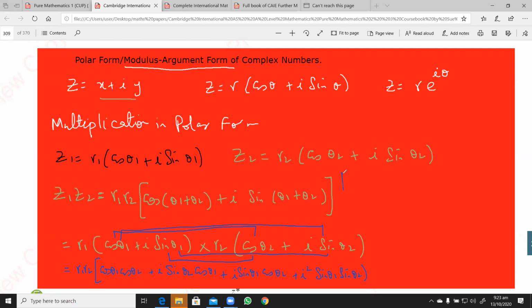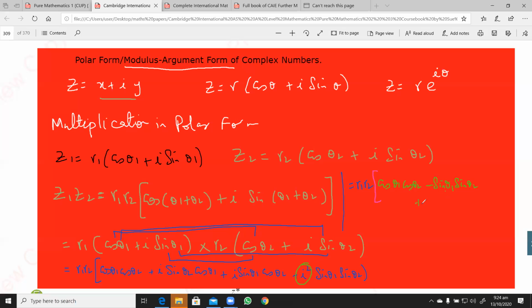If I rearrange this, what is iota square? Minus 1. So I have changed iota square with minus 1. That is cos theta 1 cos theta 2 minus sin theta 1 sin theta 2.